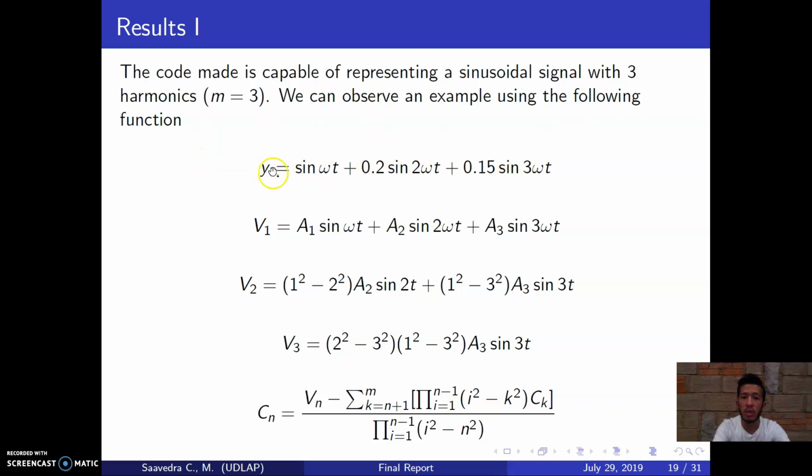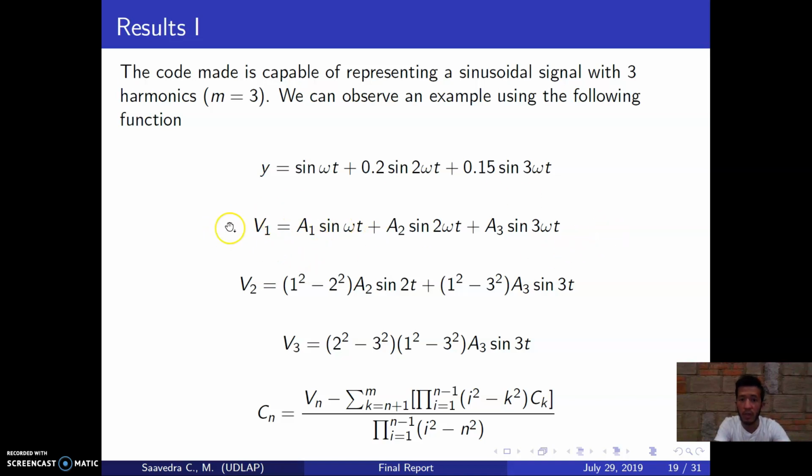So for the results, we can have an example. Our method was tested on this equation, where A1 is going to be 1, A2 is going to be 0.2, and A3 is going to be 0.15. So we are going to know that we have 3 harmonics. With filters, we can reduce the signal to 3 harmonics.